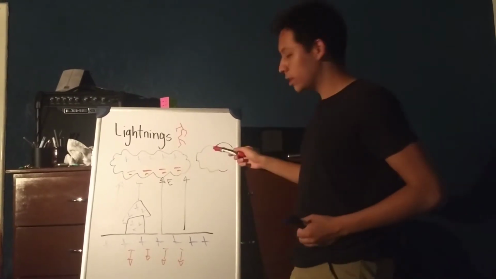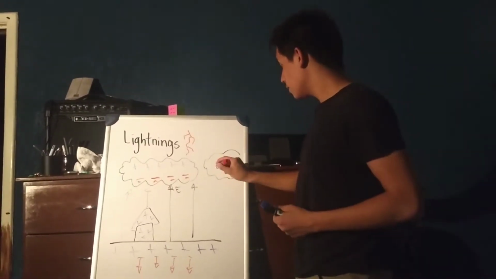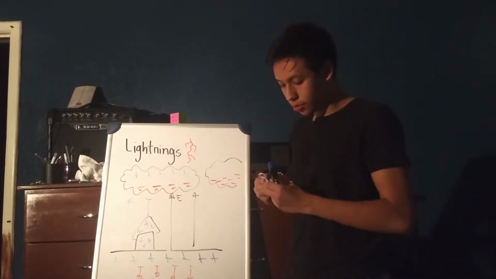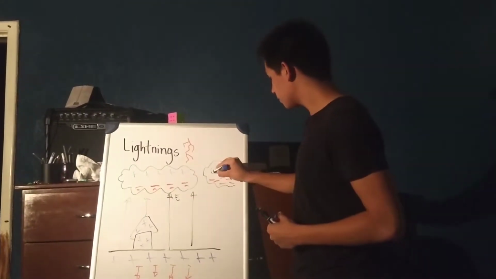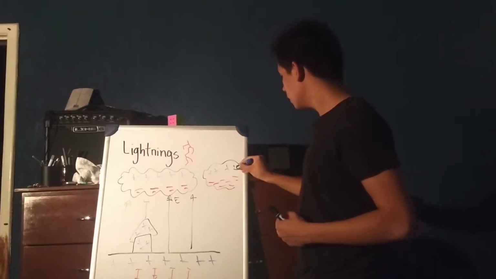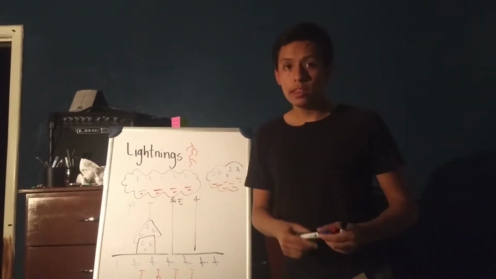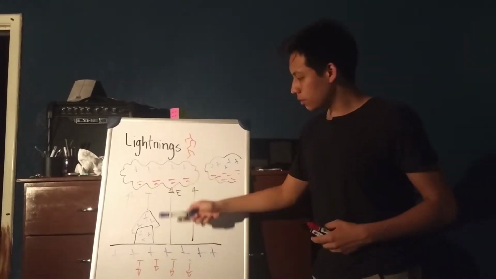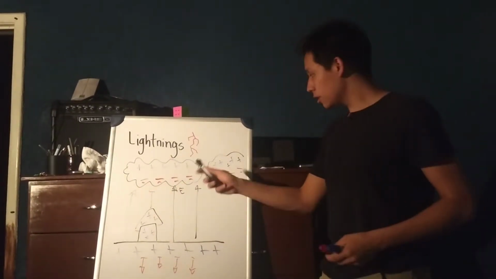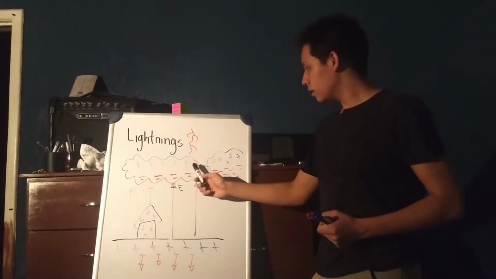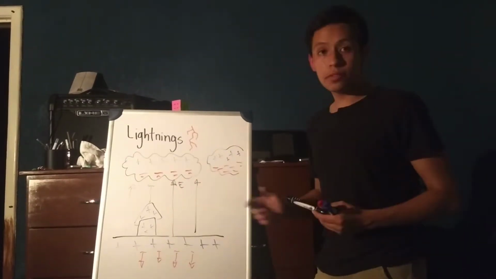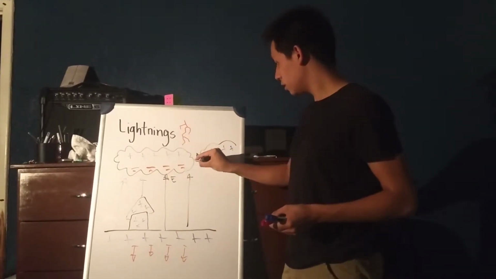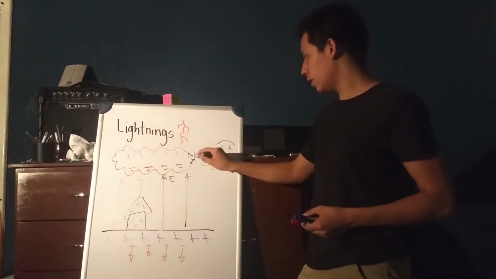Also, with a charge density, I'm sorry, and here. So maybe the potential difference between these two clouds is bigger than this potential difference, and the jump of the electric charges is going to be between two different clouds. It could be here or here, I don't know.